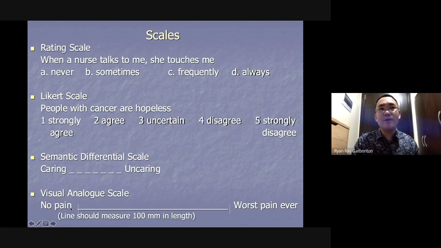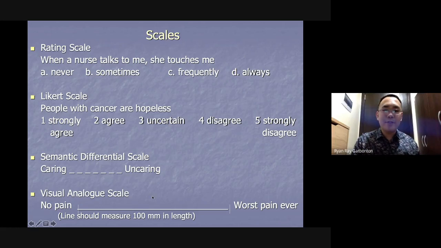In a visual analog scale, you try to ask a certain client on his perception of a certain thing, and try to identify in a certain line, usually around 100 millimeters in length. Tapos you will ask your client to point where yung kanyang response is.